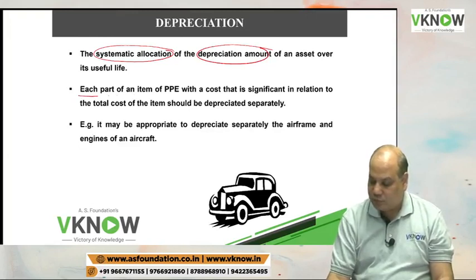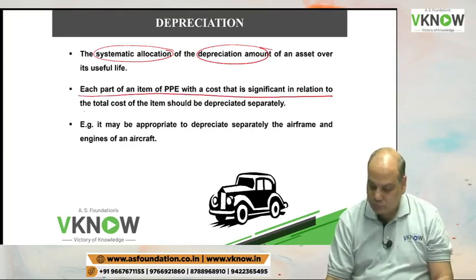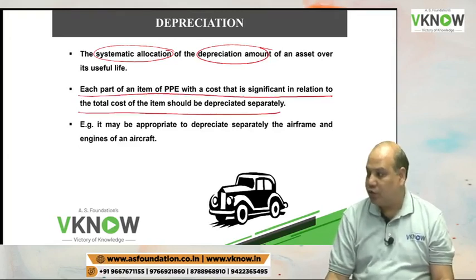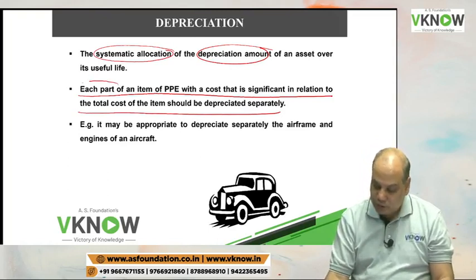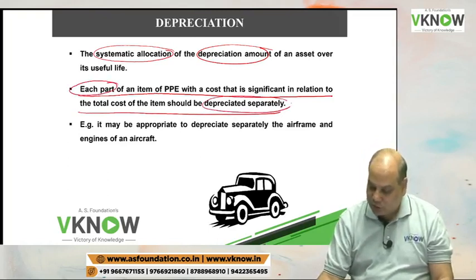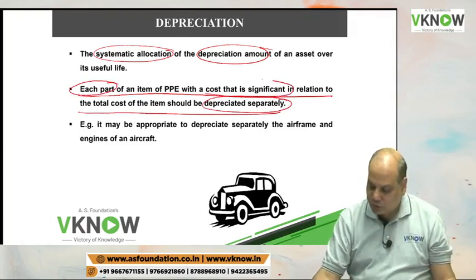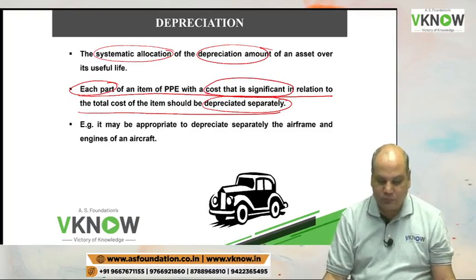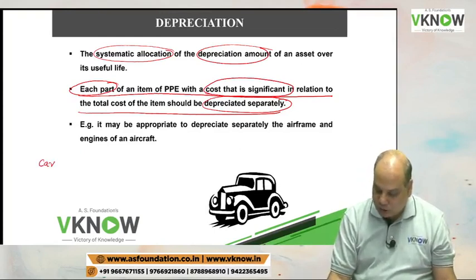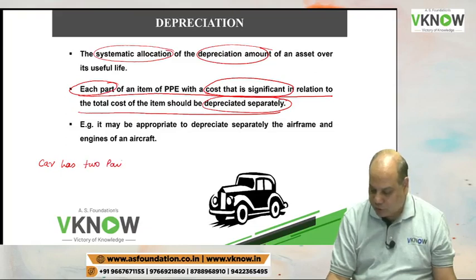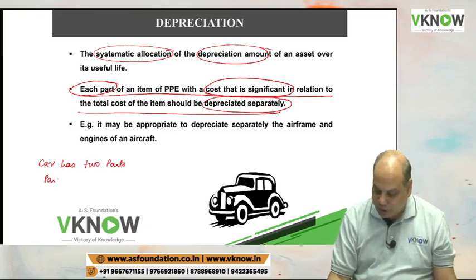If you have more than one part, then each part will be depreciated separately, if that part has a significant cost. So a car has, suppose, two parts. For example, part 1 is 5 lakh and part 2, let us say, 1 lakh.